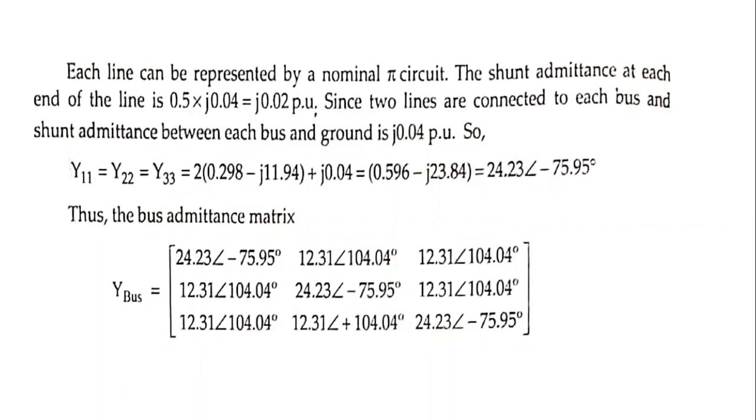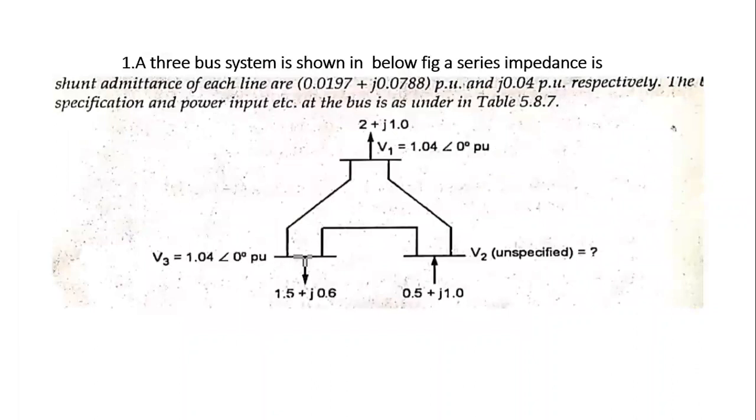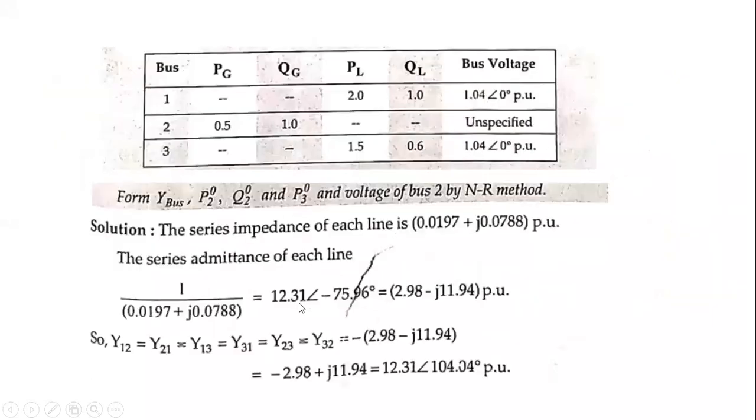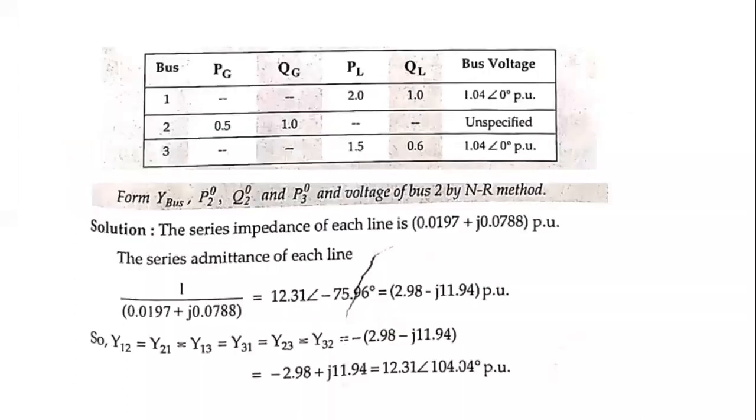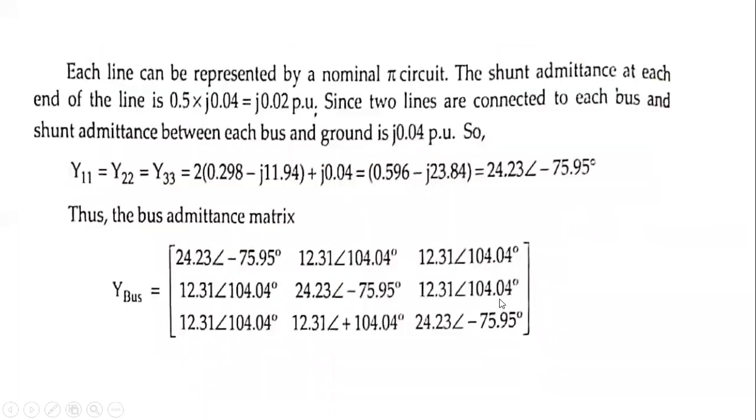Y11 is equal to 2 times the series admittance (2.98 minus j11.94) plus the shunt admittance j0.04, that is equal to 24.23 at an angle of minus 75.95.